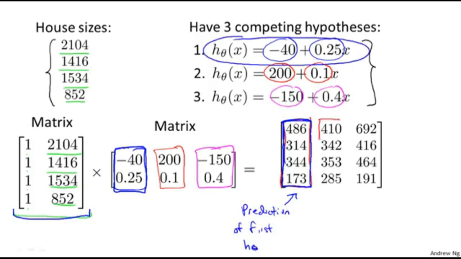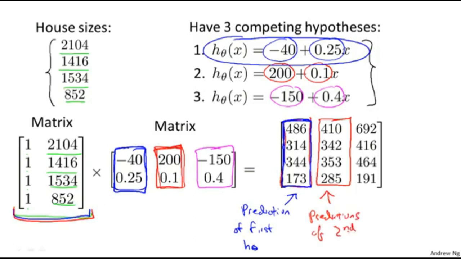And how about the second column? Well, the way you get the second column is, you take this matrix and you multiply it by this second column. And so the second column turns out to be the predictions of the second hypothesis, up there. And similarly for the third column.